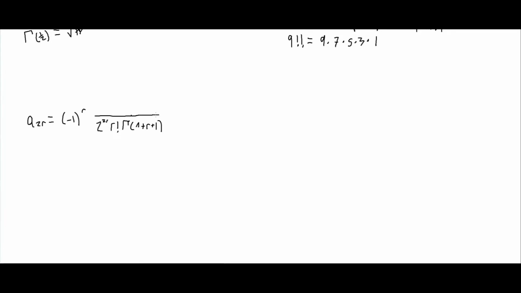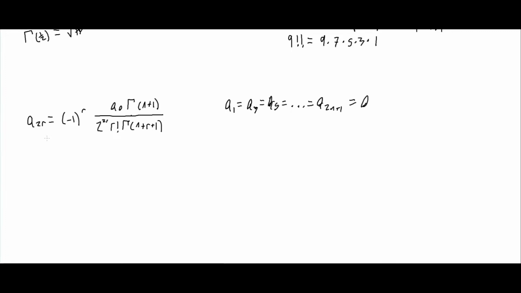So we end up with this, and then in the numerator we have a sub naught times the gamma function of n plus 1. And since we have a1 equals a3 equals a5, going all the way to a sub 2n plus 1 being equal to 0, we only have our even functions here, which is what this is telling us.